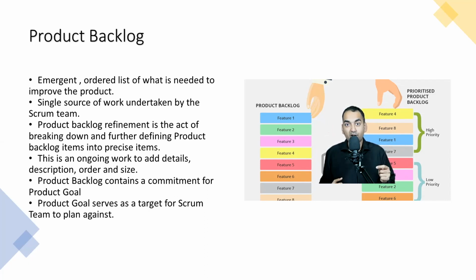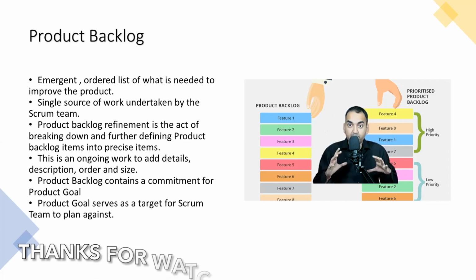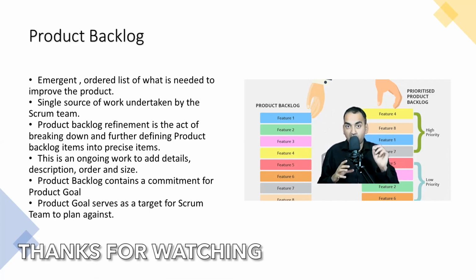Product backlog should signify the product goal, and product backlog acts as a single source of work items for a Scrum team. I hope this gives you a deeper insight into what product backlog is.